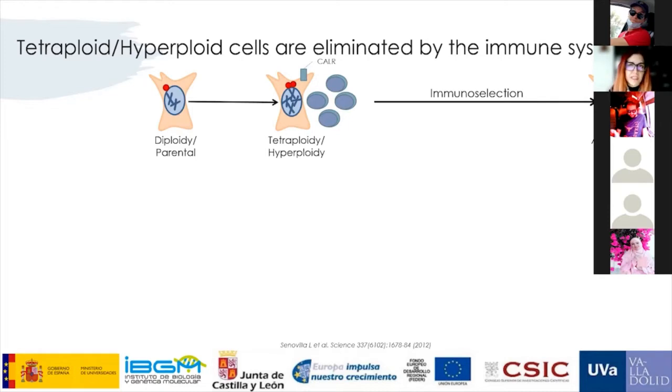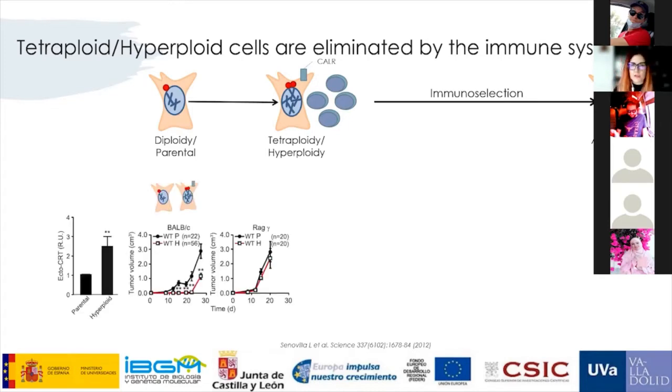To be clearer with this part, I will show you some results in which we have diploid and tetraploid cells.